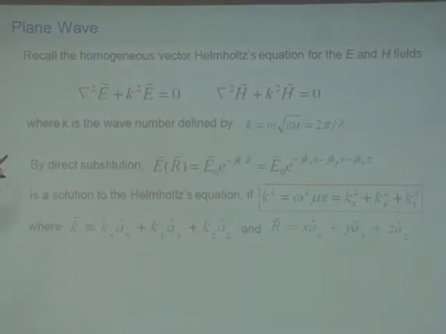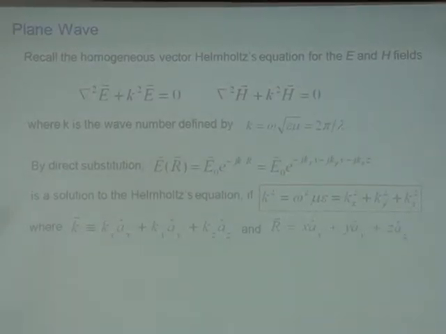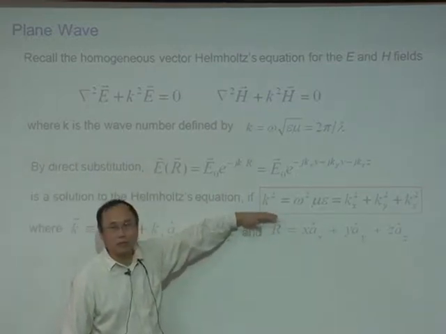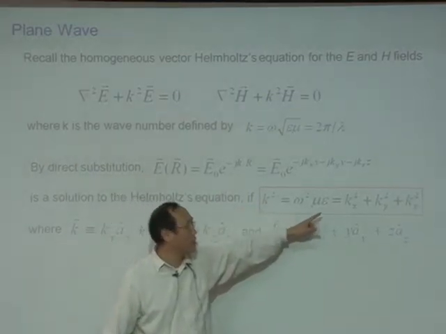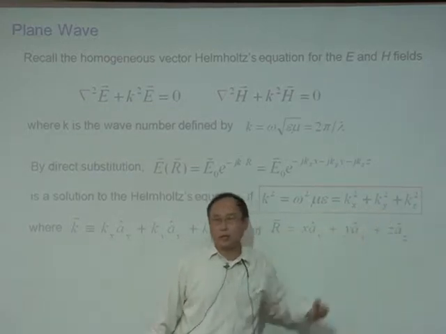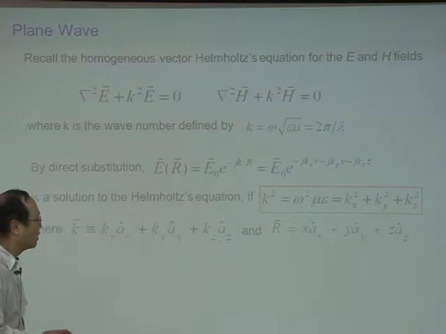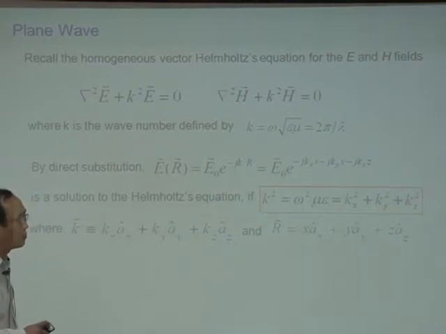After you do the vector Laplacian, you find that there's a requirement for your kx, ky, kz. OK, 这个 requirement 的话就是 kx square plus ky square plus kz square has to be equal to k square.